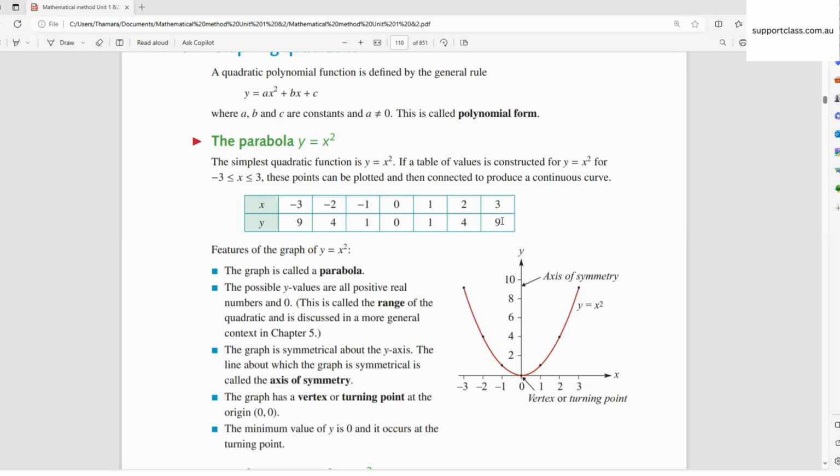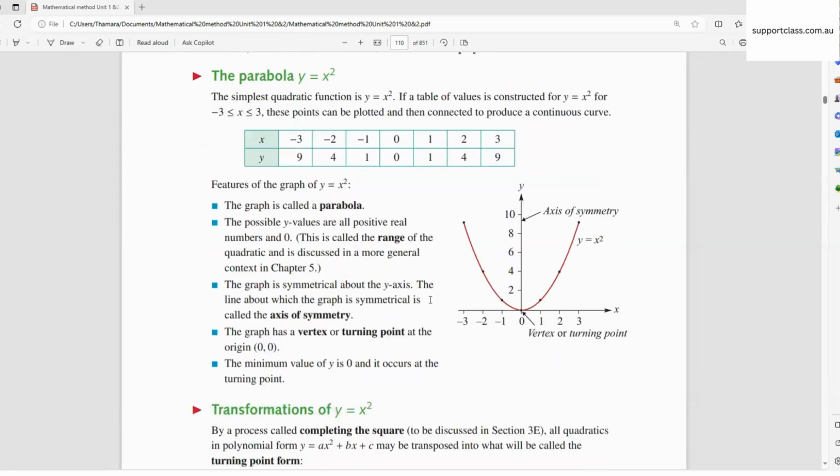So you can see it will produce this kind of graph, this particular shape. This graph we call a parabola. So what kind of parabola do you get from y is equal to x square?